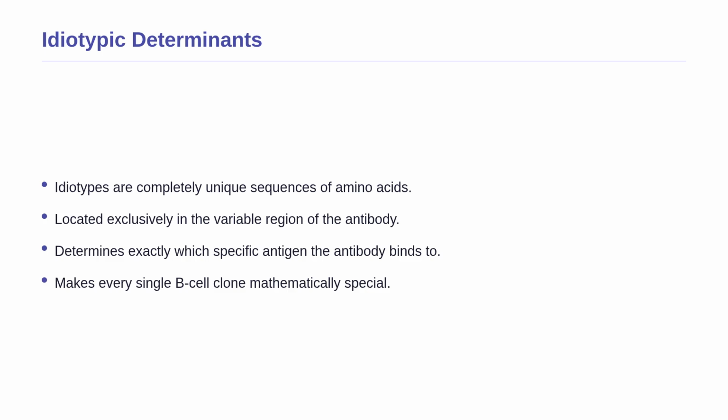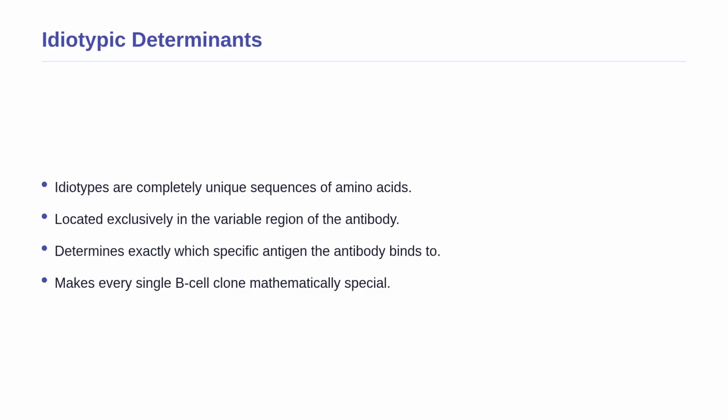Now that we understand species-wide and individual variations, we reach the most specific level. The third and final class is the idiotype. This is the completely unique sequence of amino acids found exclusively in the variable region of the antibody.